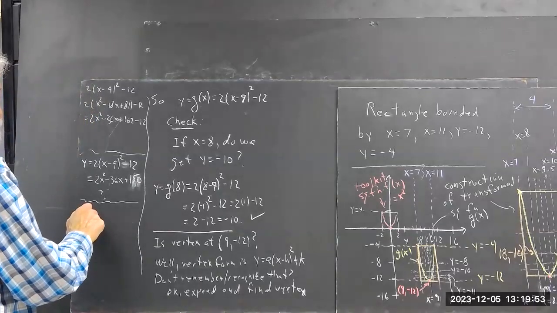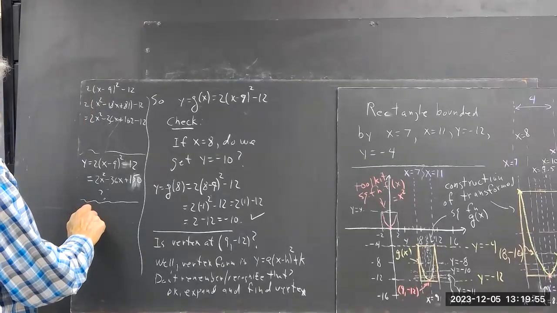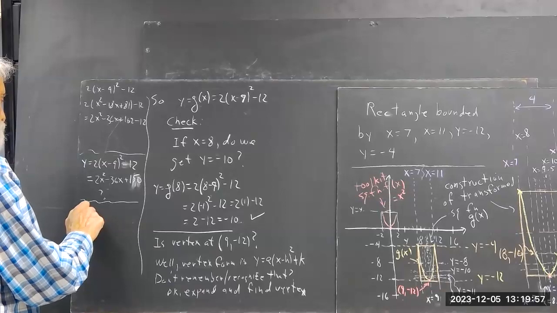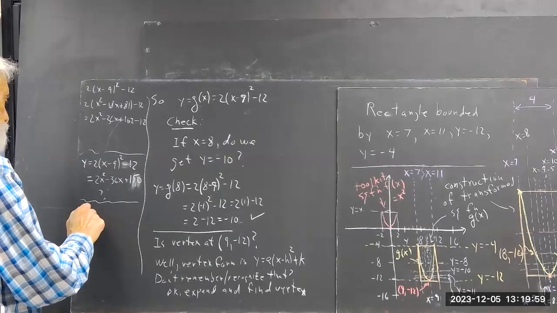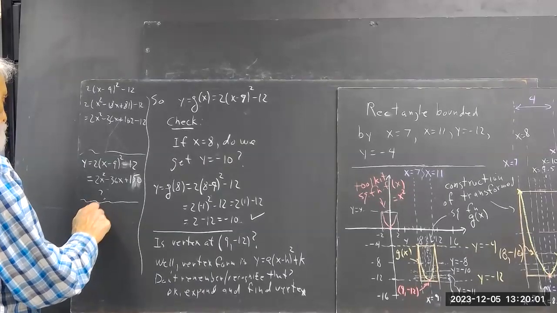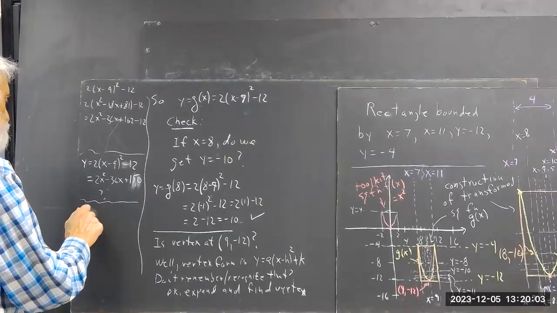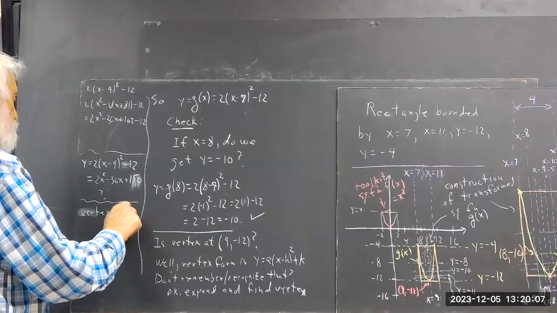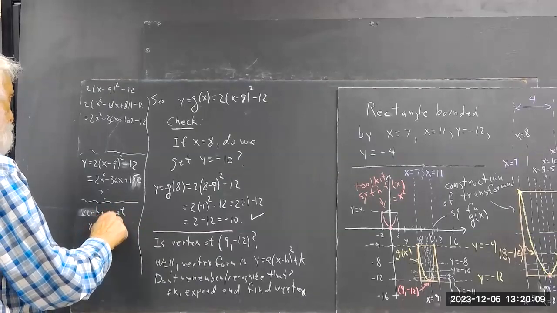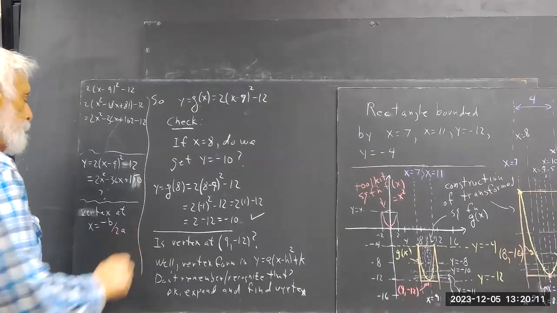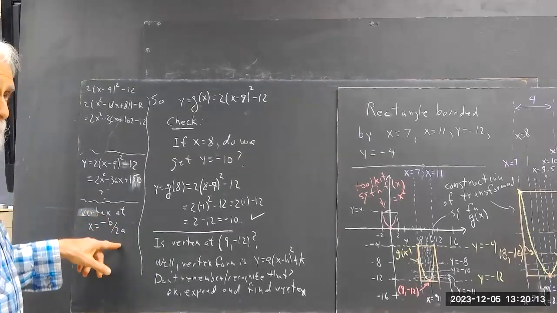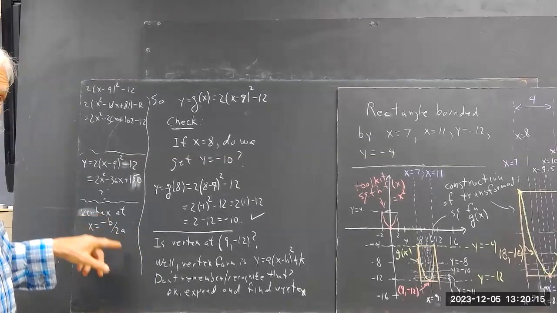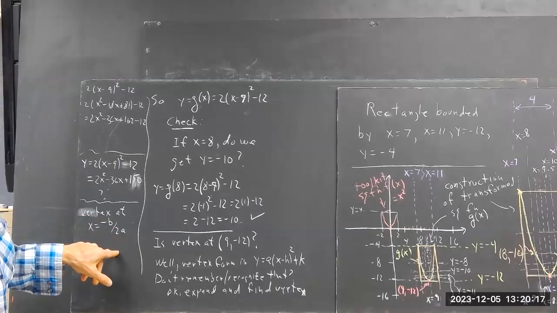Remember, the vertex is at x equals negative b over 2a, and how that fits into the quadratic formula, so you don't have to remember anything. Okay?